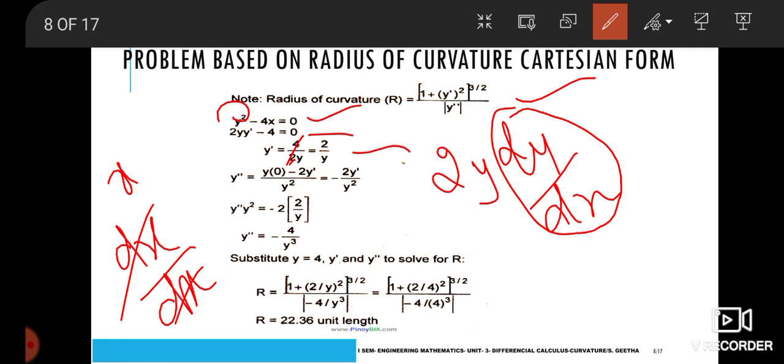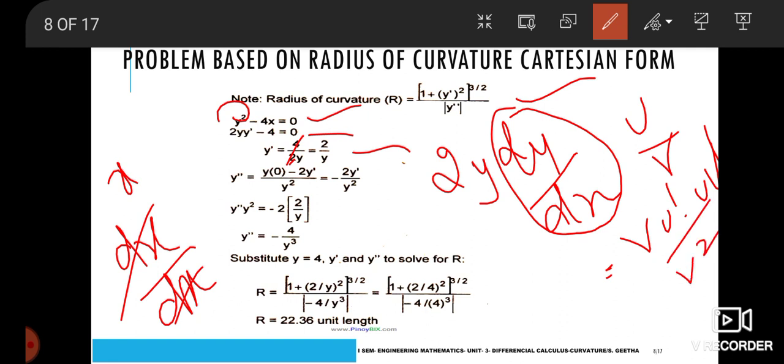Now we need to find y double dash based on y dash. If we are having the variable in the numerator and the denominator, we can go for the formula d of u by v equal to v u dash minus u v dash by v square.